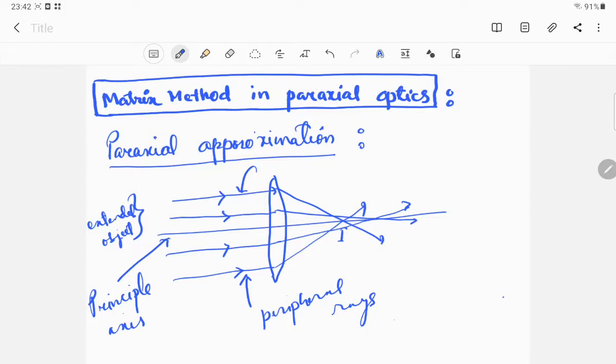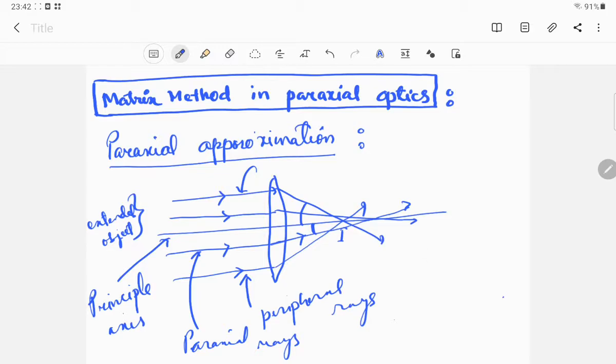They make a big angle with the principal axis, but there are a set of rays which are very close to the principal axis. They are called paraxial rays. These are the rays which make very small angles. So if I consider this angle made by the paraxial ray with the principal axis, it is very small.